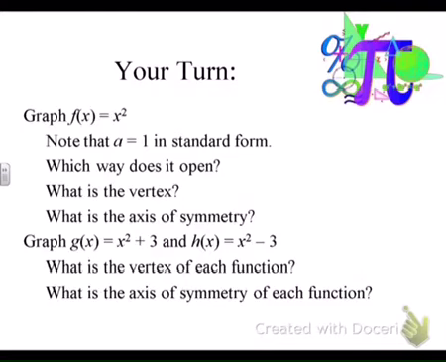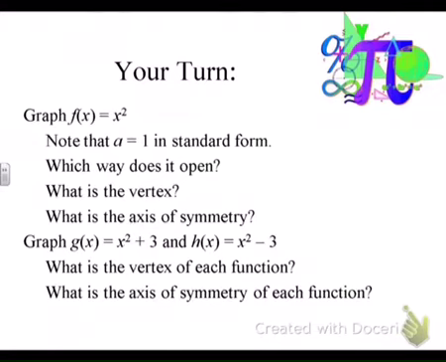Let's answer these questions. Okay, so here's the graph of f of x equals x squared. Here's the graph of g of x. It shifted up 3. There's the graph of h of x. It's going to shift down 3 units from the parent function. Which way does it open? Of course, it opens upward because it's positive. The vertex is 0, 0.